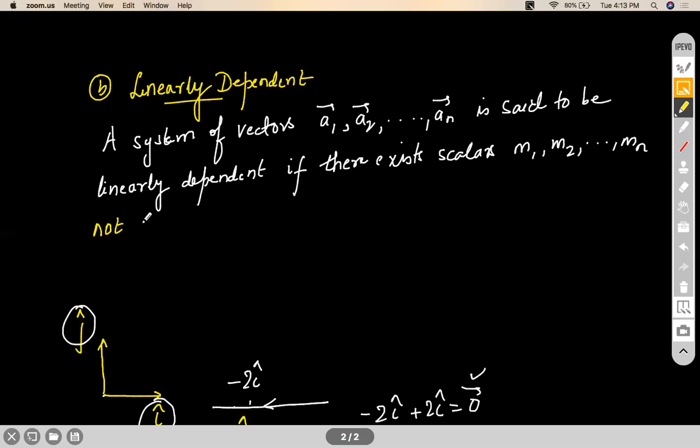such that you can use those scalar quantities to make a linear combination of these vectors become a null vector.